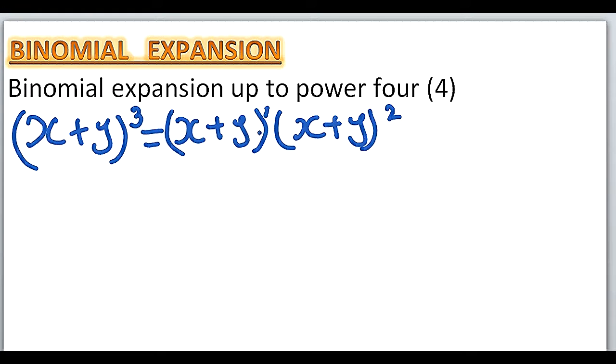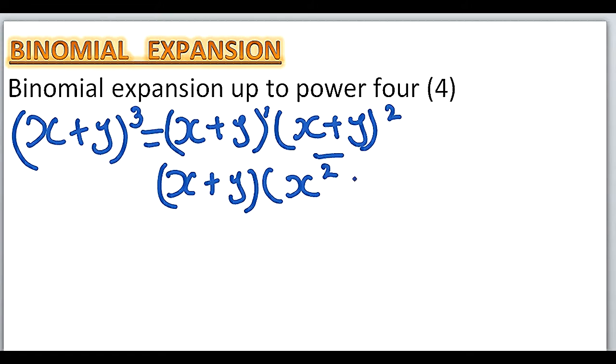Remember the rules of indices. So we have already expanded this, so instead of expanding again, we just replace it. So we have (x plus y) times, we found that when we expanded that, it is x squared plus 2xy plus y squared.